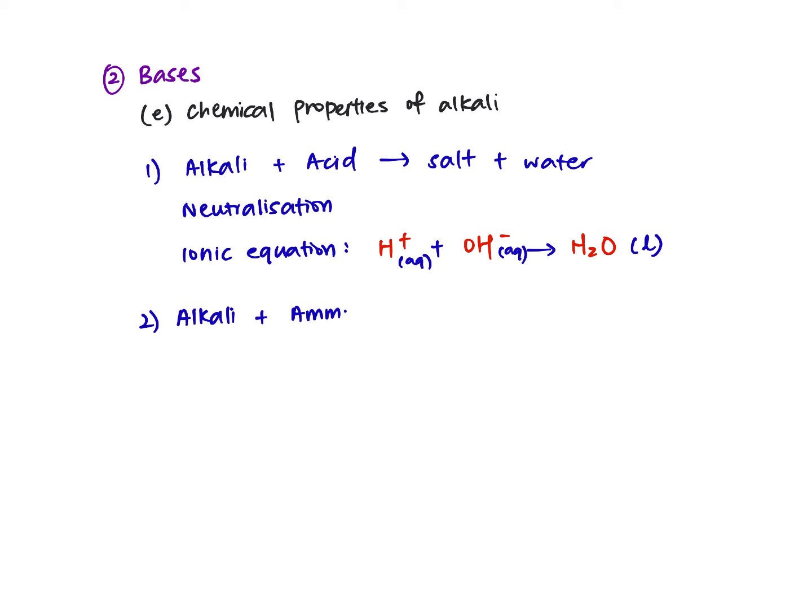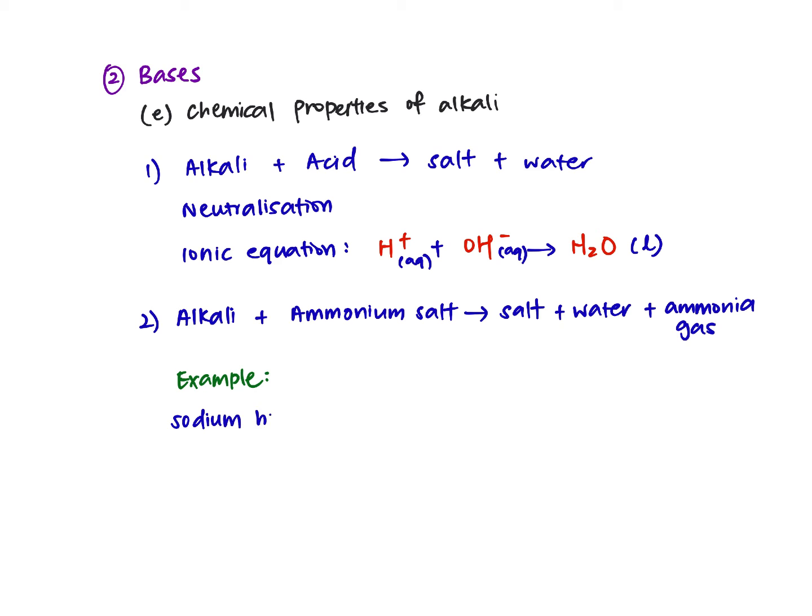The next chemical property is when an alkali reacts with an ammonium salt to give salt, water, and ammonia gas. Let's look at this example.